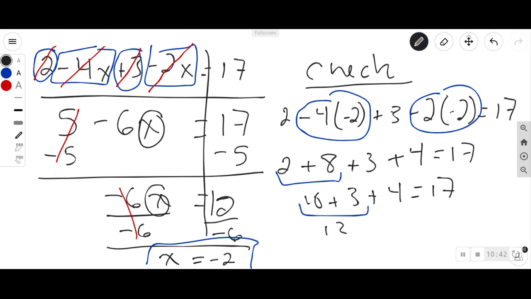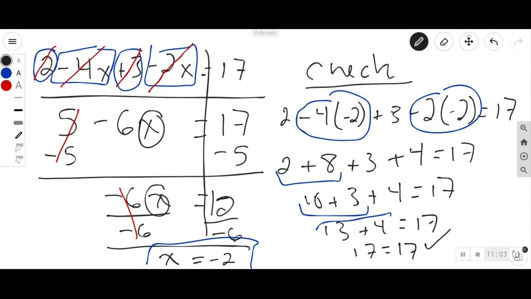So that's going to give us 13. And then we've got 13 plus 4, which is going to give us 17. And it checks, so we know that we do have our solution, that all of this has worked.